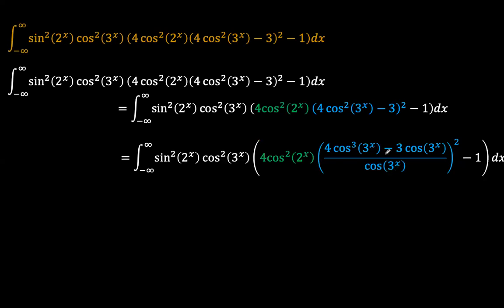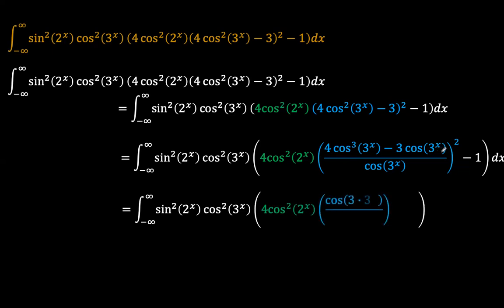For those of you who know the expansion of cosine 3x, where x is essentially 3 to the power x, the numerator becomes cosine of 3 times 3 to the power x, and the denominator is still cosine 3 to the power x.